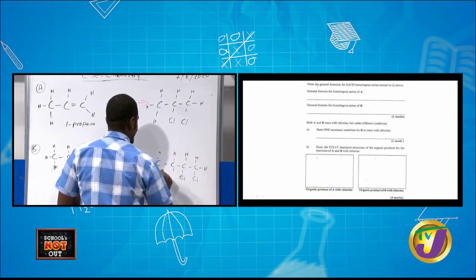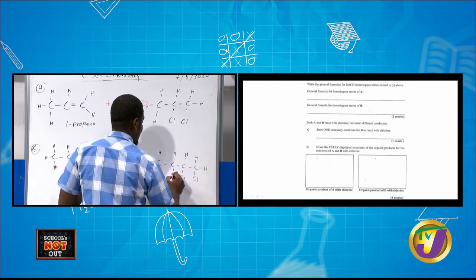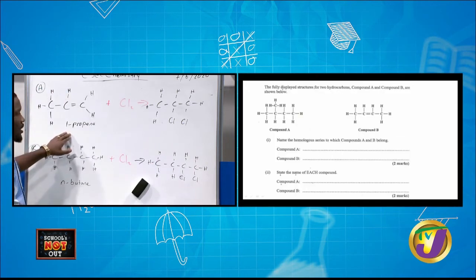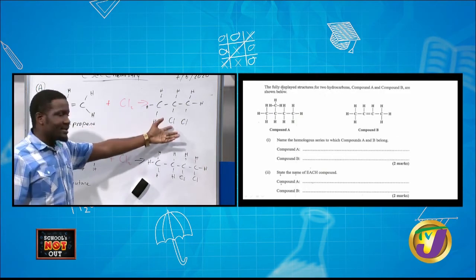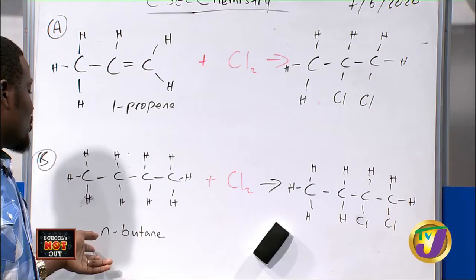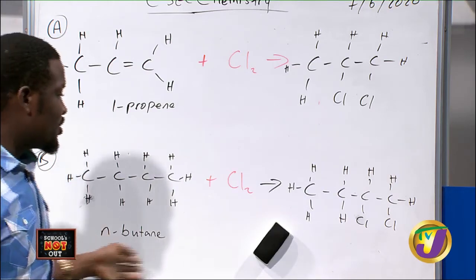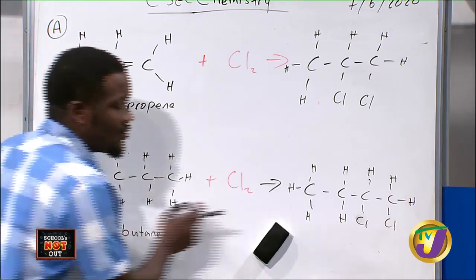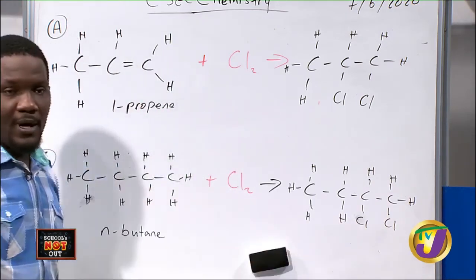So when propene undergoes halogenation, you get a haloalkane, and it's an addition reaction. But when n-butane does it, you get a substitution reaction because two of the hydrogens are replaced with chlorine.